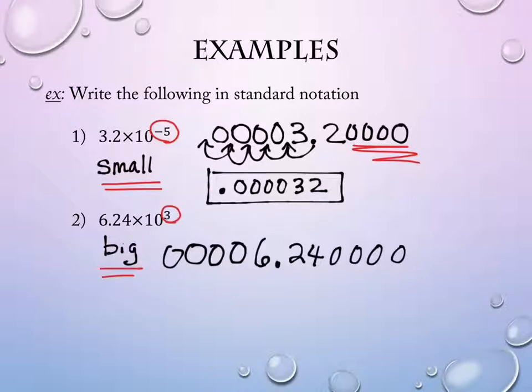And my answer is supposed to be big when I'm done. So will my decimal point move to the right or to the left? Right. It will move right because that will make the number bigger. So here's 3 places, which means I didn't need all my zeros that I wrote down. That's fine. So I end up with the number 6,240.